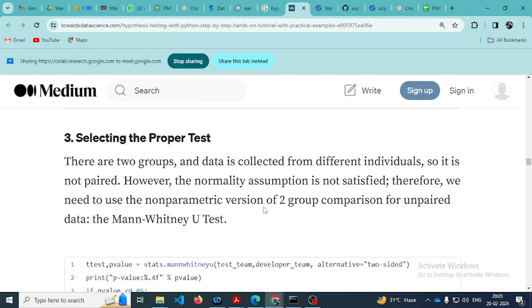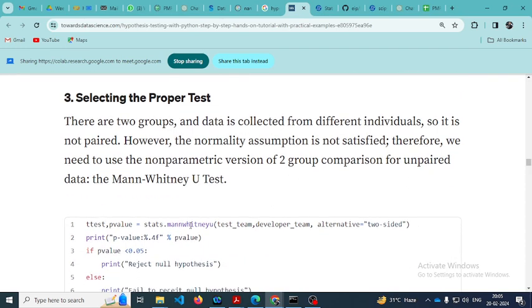Whenever you are getting two groups of data, how do you select the proper test, and why are you selecting Mann-Whitney? Whenever you have two groups of data collected from different individuals, it is not paired data. However, the normality assumption is not satisfied in this example, which means the data is not normally distributed.